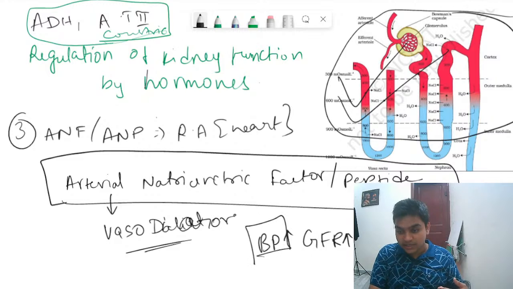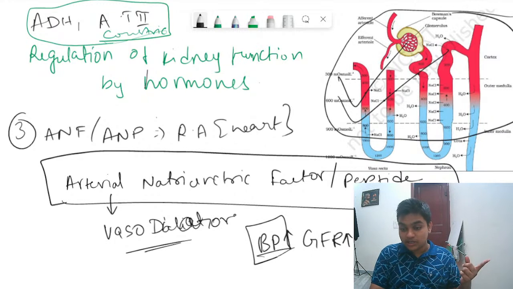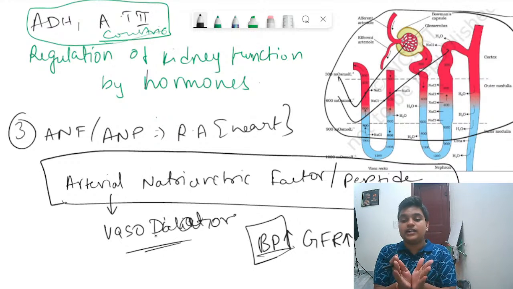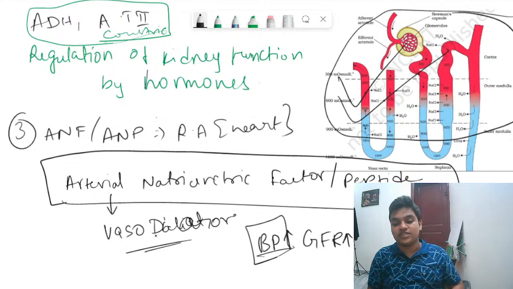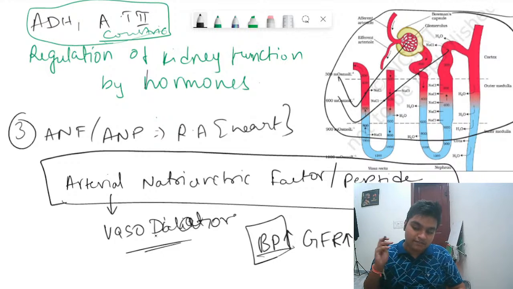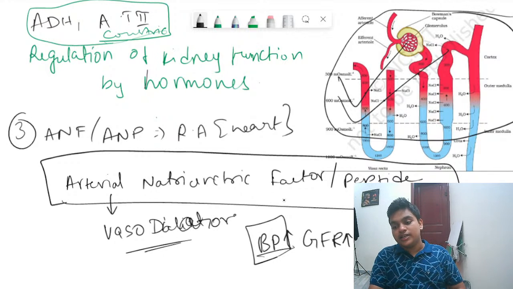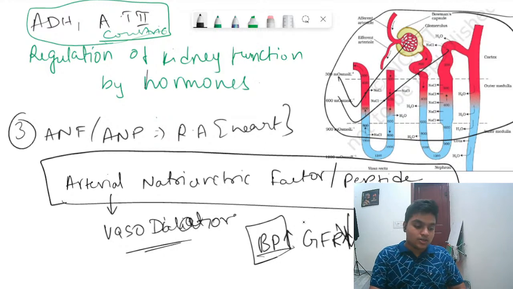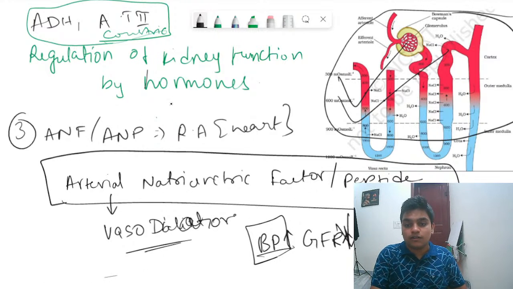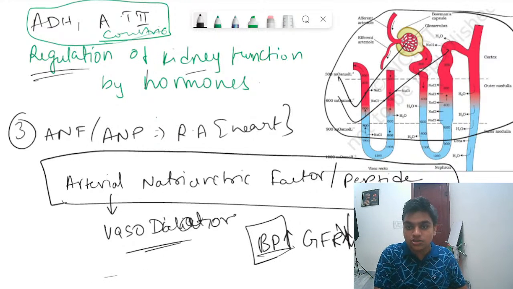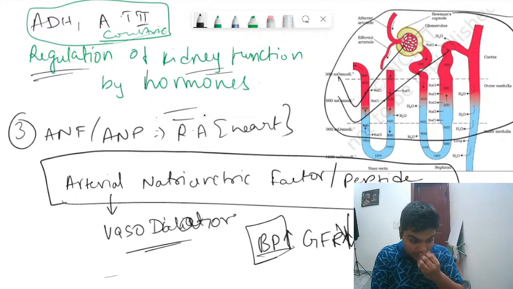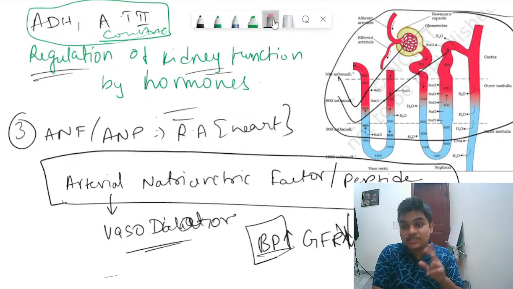When blood pressure increases, in order to dilate the blood vessels, this ANF is released, and when this ANF is released, there is a decrease in the GFR. So that is regulation of kidney functions by hormones, guys. That is for this subtopic.